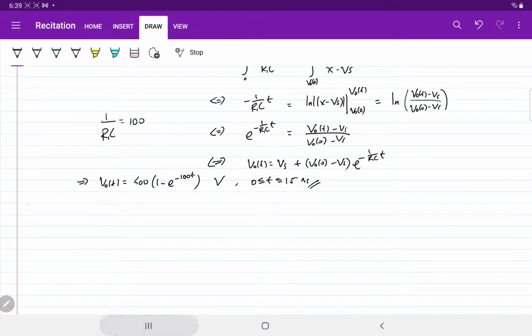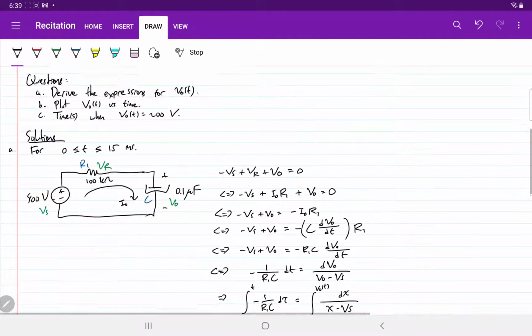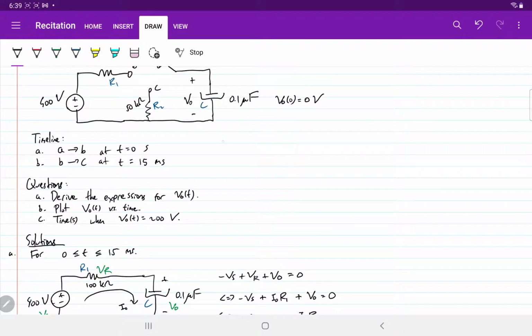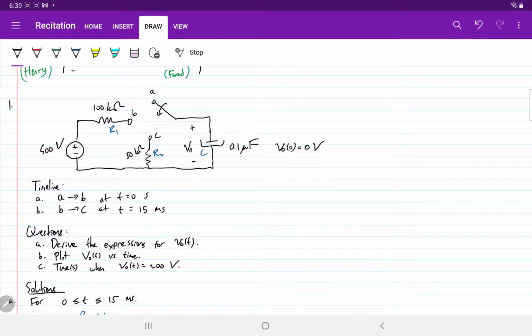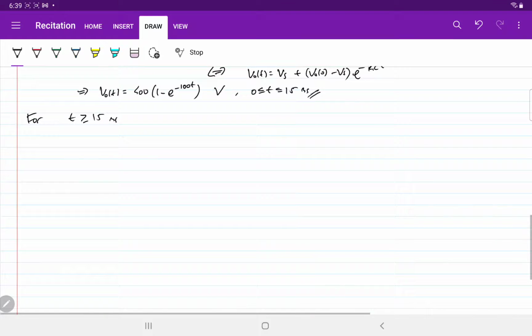All right, second, for t greater than 15 milliseconds, because when t is 15 milliseconds, the switch closes from B to C, so it leaves us with this circuit.